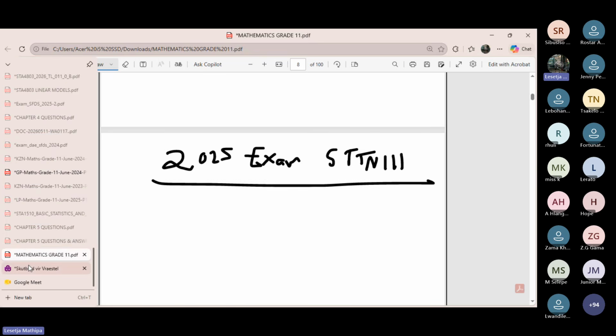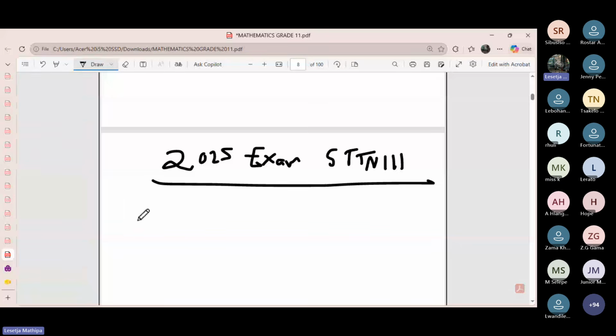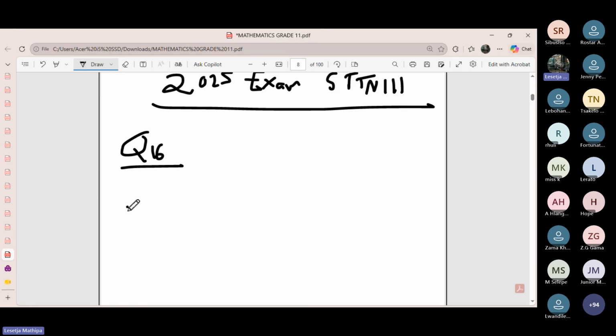Let's look at the question, which is question 16. We're given the mean, x bar, which is equal to 19.1. Remember, the question is based on grouped continuous data.